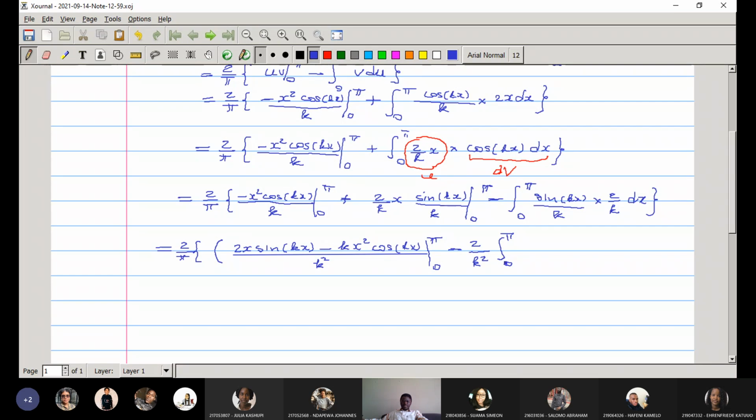Now what do we have inside? The integrand will be sine kx dx. You see, still, if I want, I can take all these k squared. You see here we have k squared, k squared. I can factor by k squared and take it out there. It's still okay.